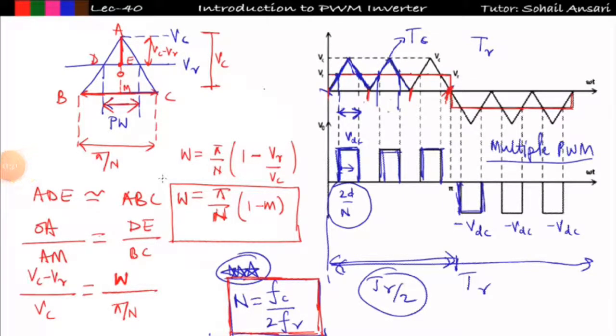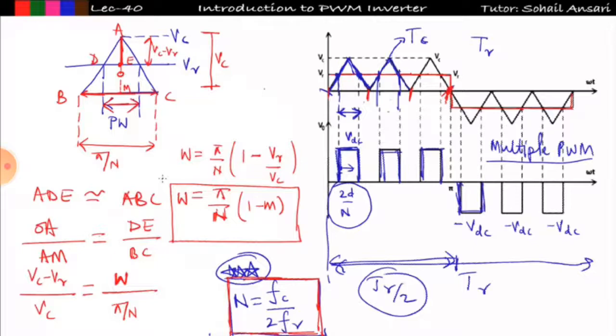Pulse width can be determined by using the similar triangle concept. We can take any triangle from here and generalize like this. The bigger triangle is ABC and the small triangle is ADE, where DE is the line which cuts the carrier, known as the reference line.